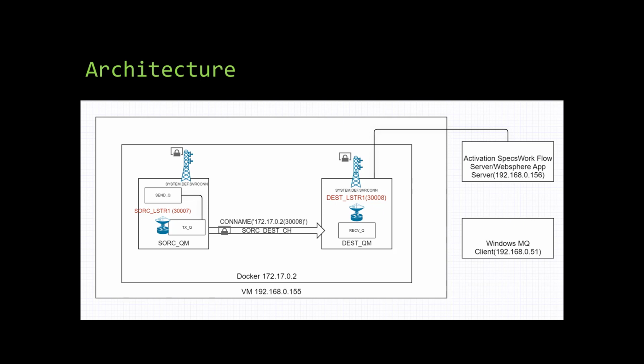And today what we are going to do is we are going to create a module in IID, and then we will export that module as an EAR file and deploy it on the WebSphere application servers. And when you deploy that, you will see an SCA module installed on your WebSphere application server.